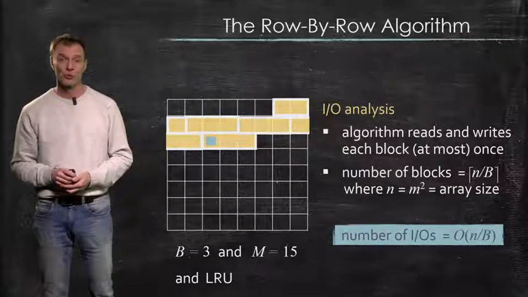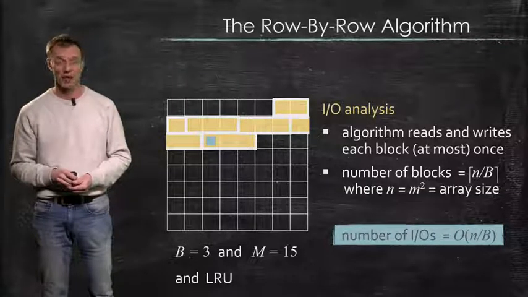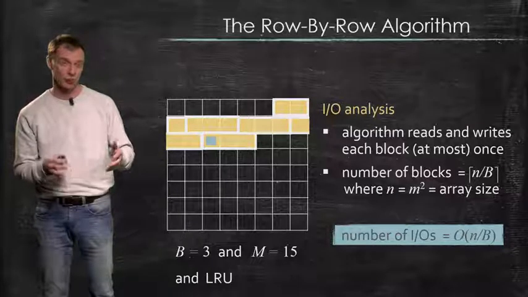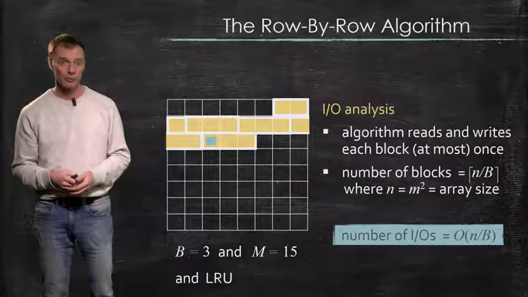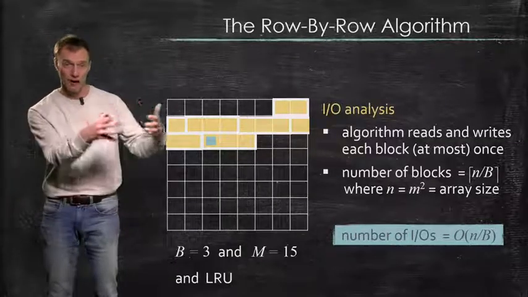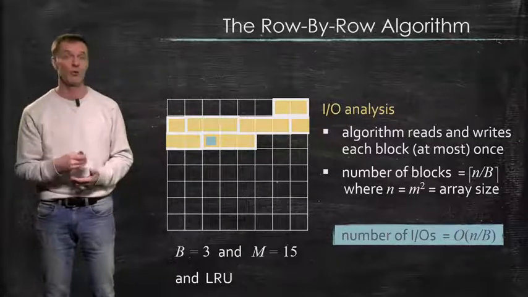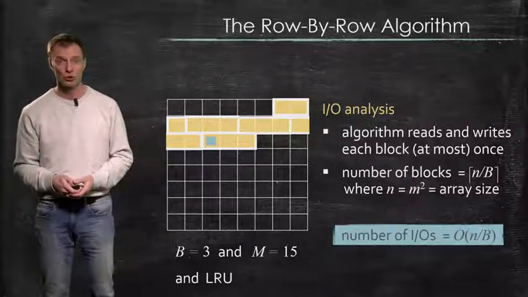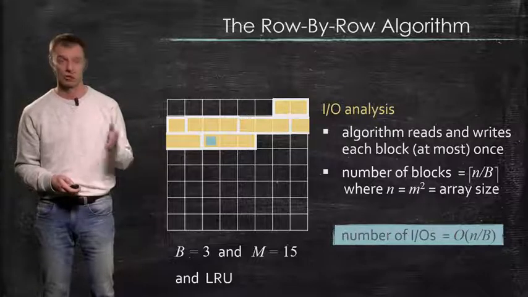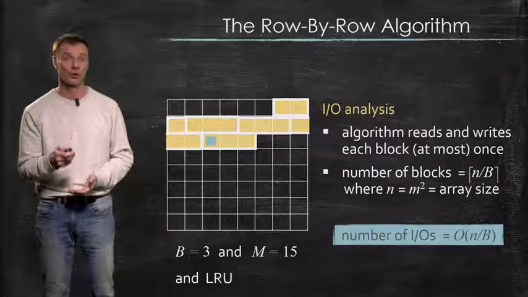So the number of reads that we do is N divided by B. We also have to count the number of times we write something back, but every block, once it's written back to the external memory, we don't need anymore, so it's also written at most once. So the total number of IOs is at most 2 times N over B, so order N over B.